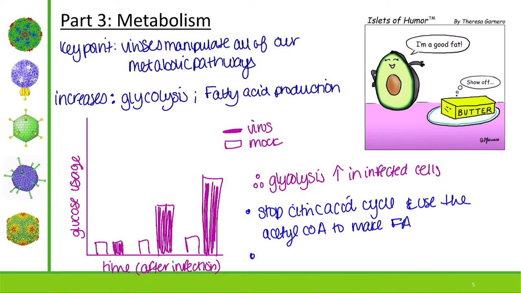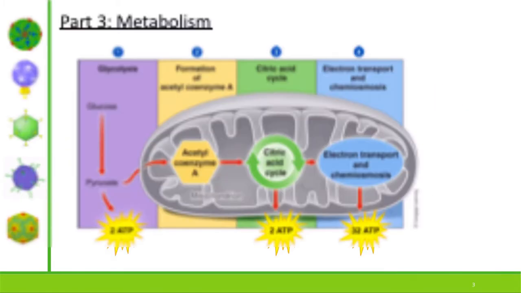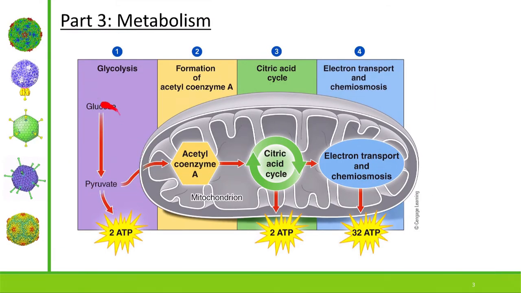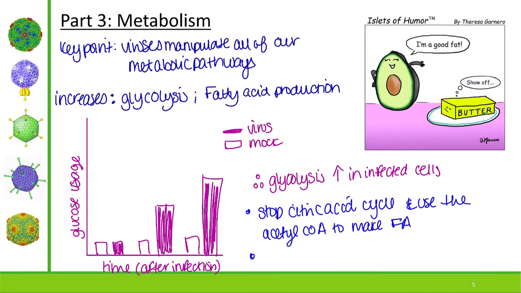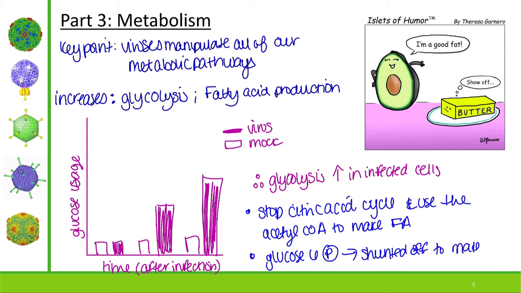So the other thing that can happen, although the details are not shown here, is that one of the things that happens in glycolysis is we make glucose 6-phosphate. So rather than continuing with glycolysis, we can actually take glucose 6-phosphate, and then that can be shunted off to make nucleotides.